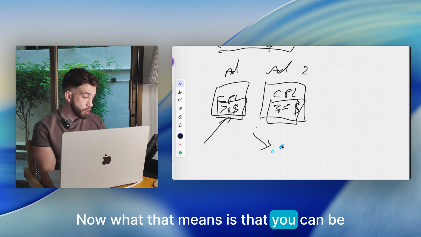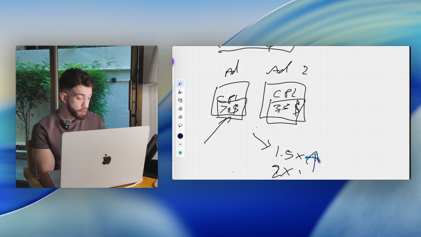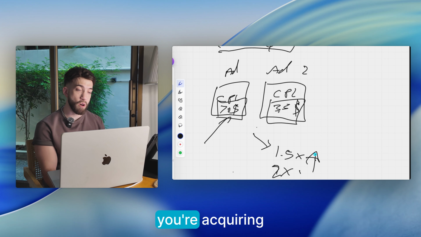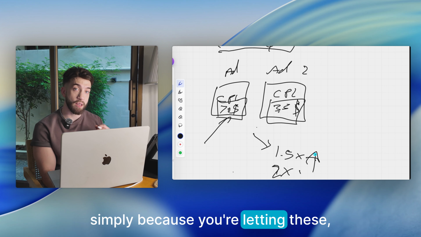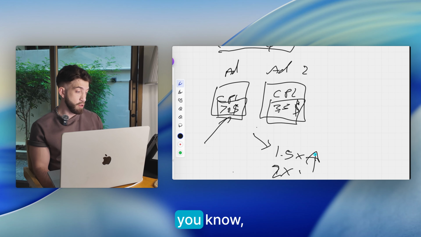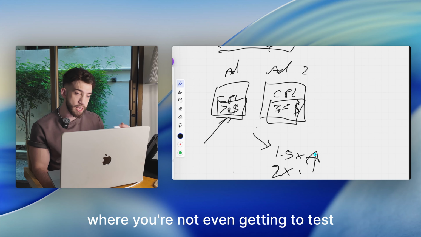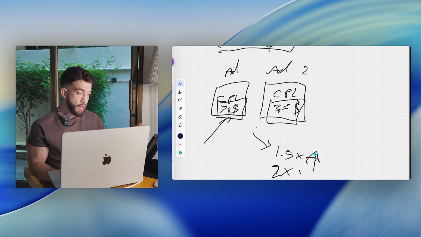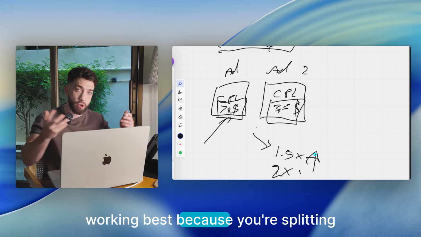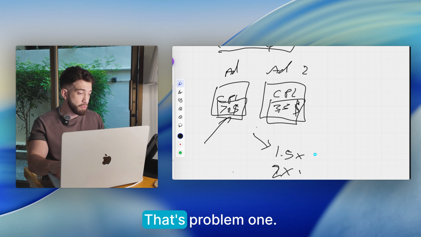Now what that means is that you can be spending 1.5 times to 2 times more to acquire the amount of customers you're acquiring, simply because you're letting this random distribution of ad spend go into ads, where you're not even getting to test the other ad creative, and you don't know which ones are truly working best because you're splitting the cost all the time. That's problem one.